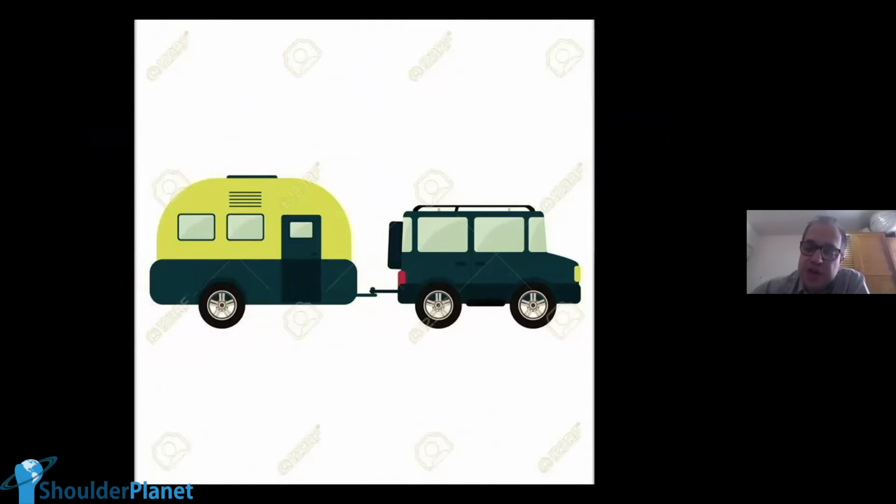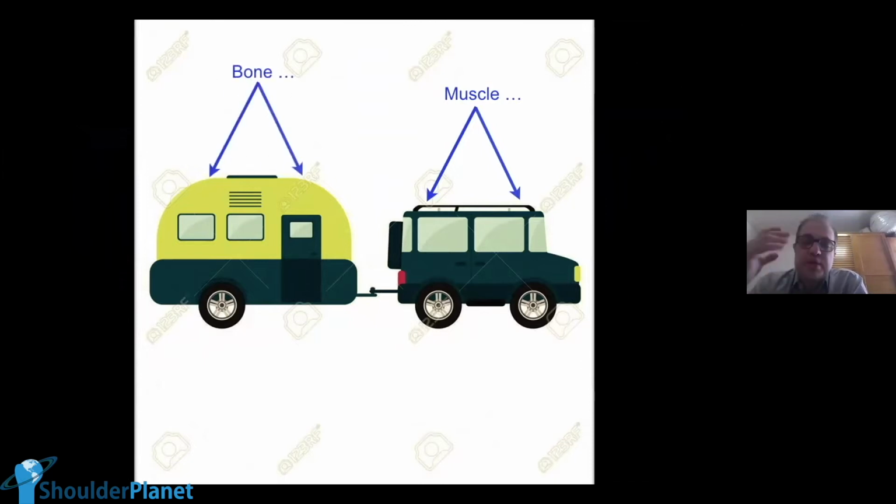I have a simple car, and I have a trailer, and I want the trailer to move. So the muscle is the car. The muscle is generating energy, and the trailer is the bone, what we need to move.